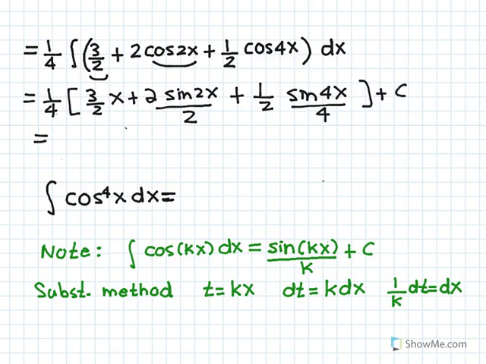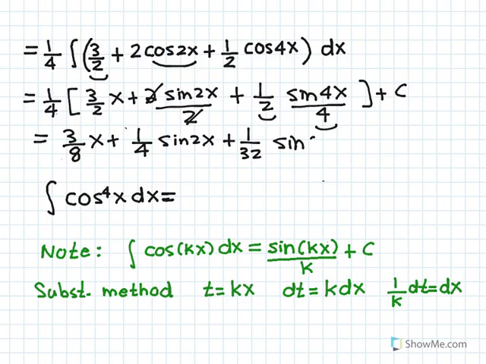So let's simplify the answer. We get 3 over 8 times x. Well, 2 over 2 just cancels out. We get 1/4 sine 2x plus 1 over 32 sine 4x plus c. So that is the integral of cosine to the 4th x dx.